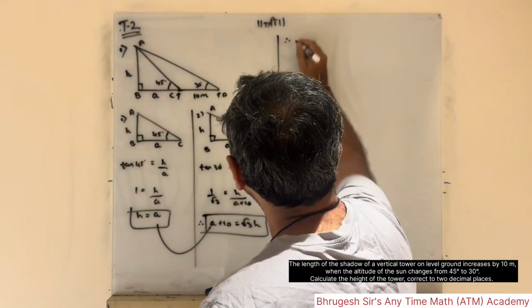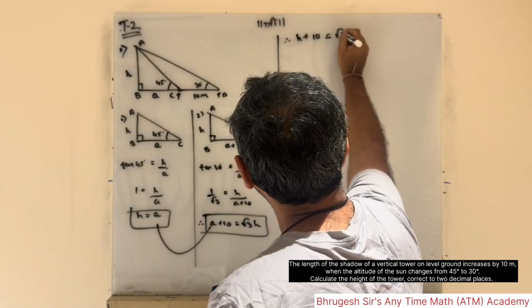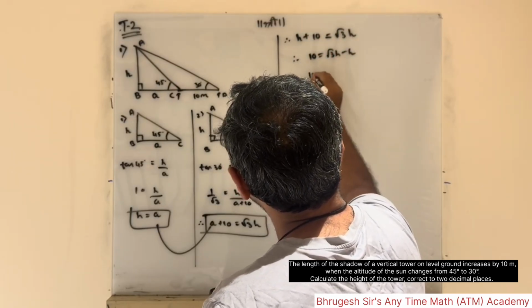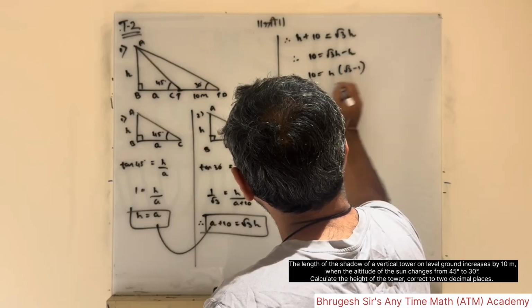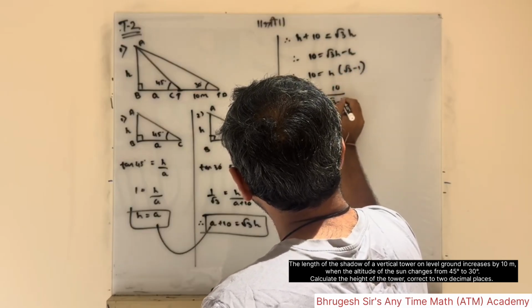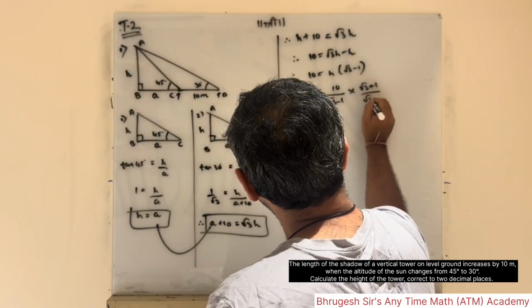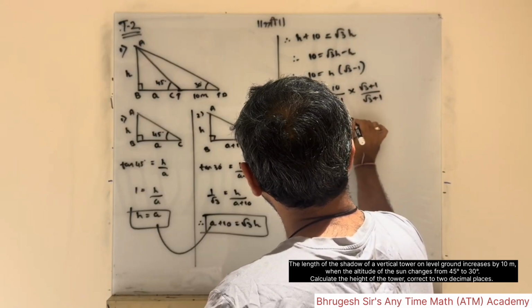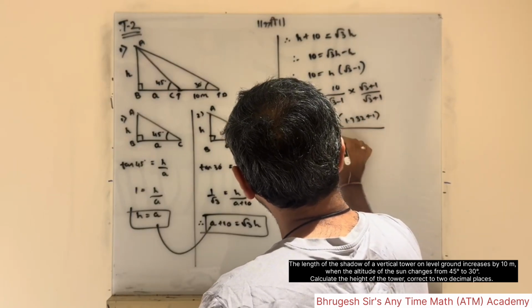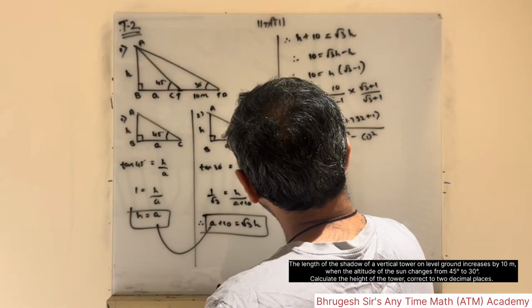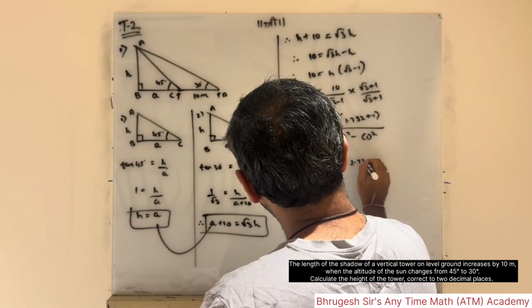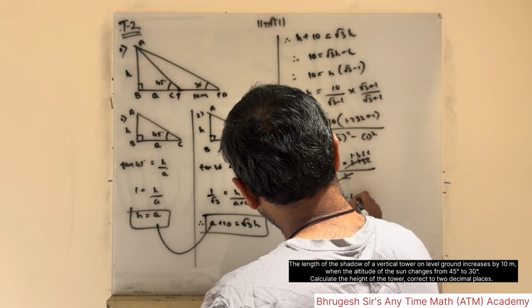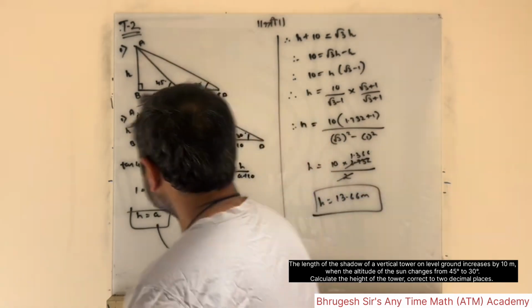Replace H with A. Rationalize, beta. Substitute the value of root 3. The height of the tower is 13.66 meters.